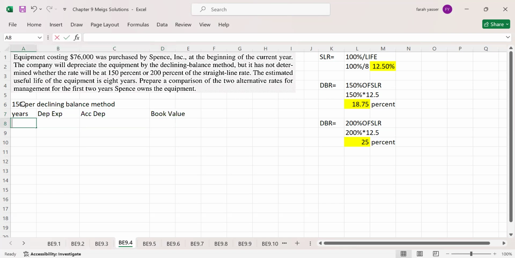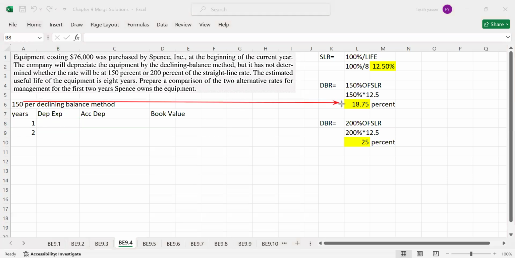So just 2 years depreciation is required. In the declining balance method, we simply multiply cost by the rate. In the first case, cost, or you can say book value. So in 150%, the rate is 18.75%, and the cost is this one.